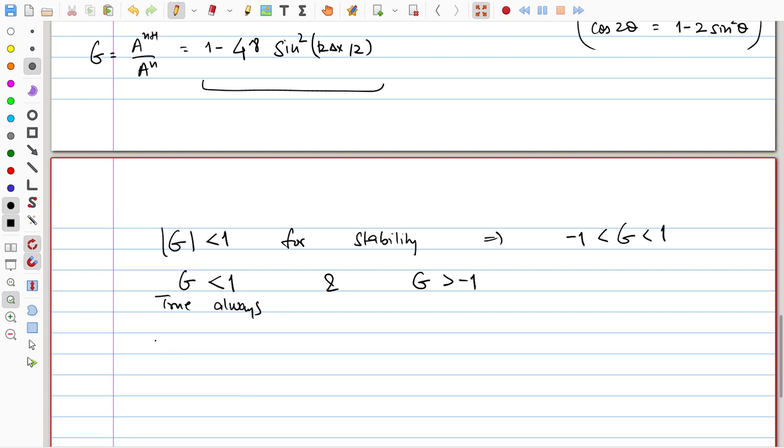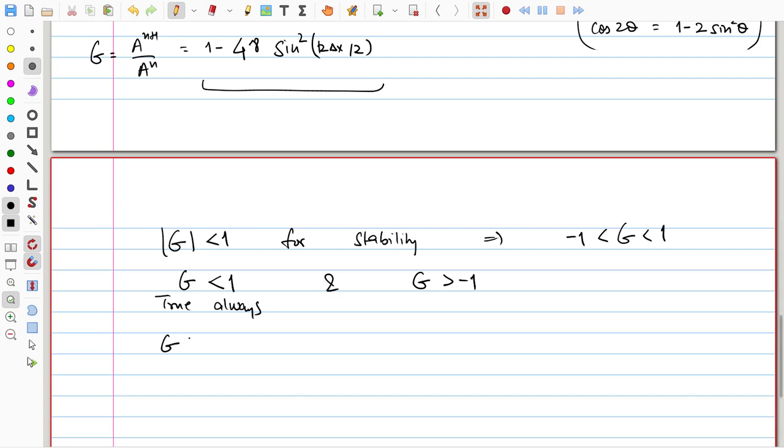Or I mean, you have to find the condition under which G is greater than -1, because we are doing a stability analysis. It could be a conditionally stable scheme. So if G less than 1 does not give us anything, because it's always true, which is good. I mean, for unconditionally stable scheme, you will get both conditions as always true. So that's unconditionally, but in this case actually it's a conditionally stable scheme.